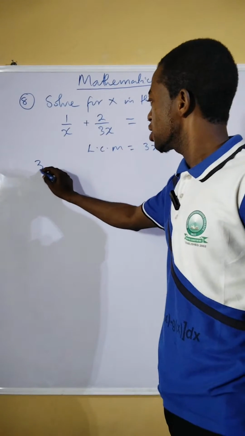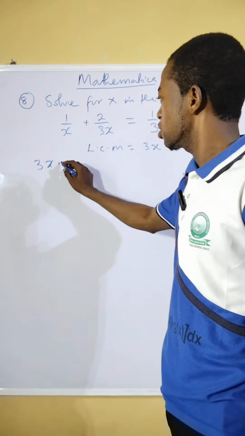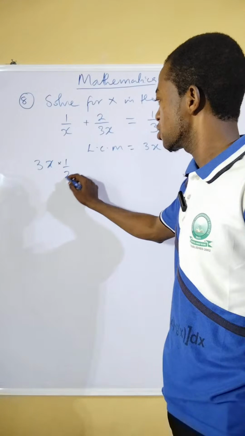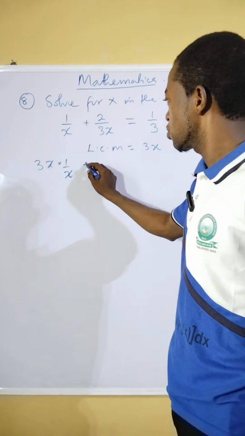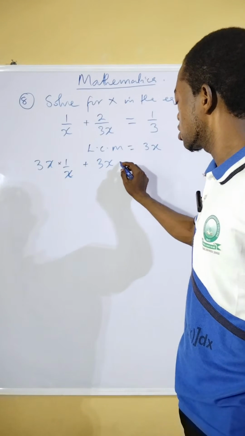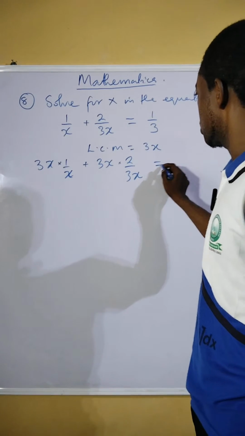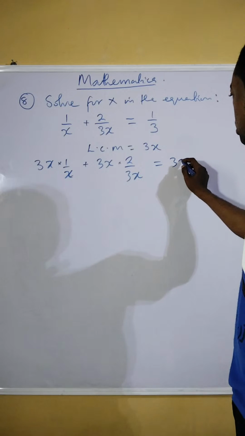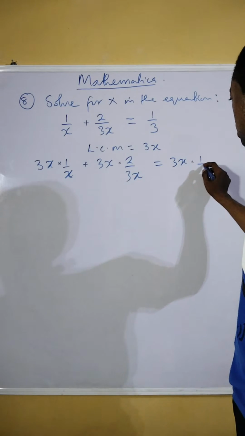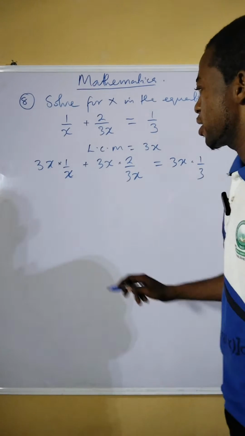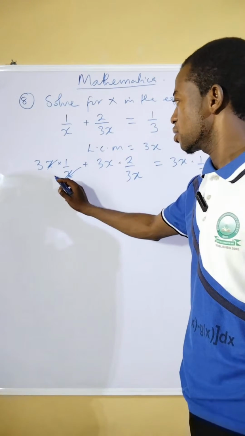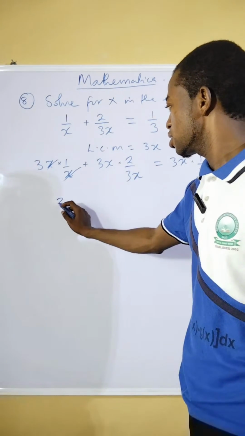So here we have 3x times 1 over x plus 3x times 2 over 3x equals 3x times 1 over 3. And here, x cancels x, remains 3. 3 times 1, that's 3.